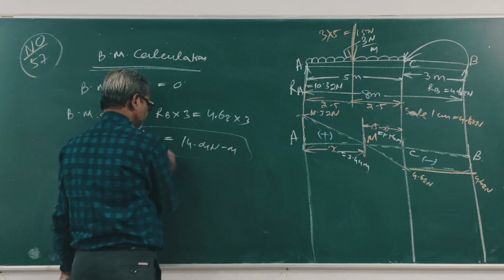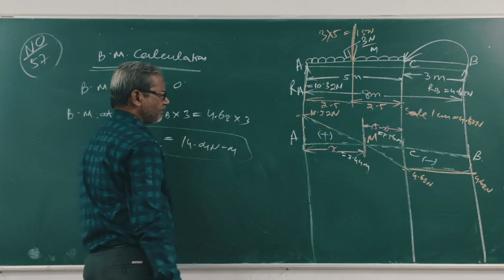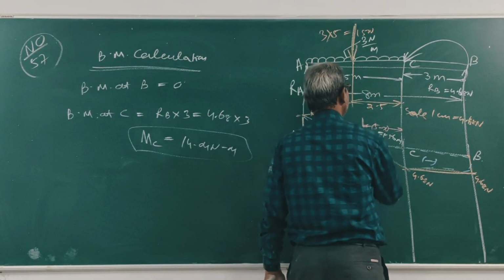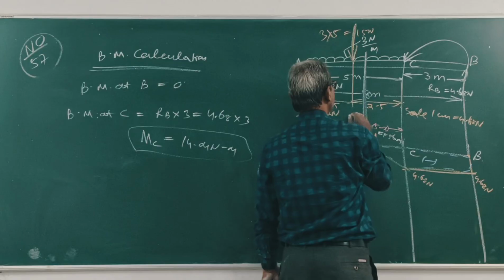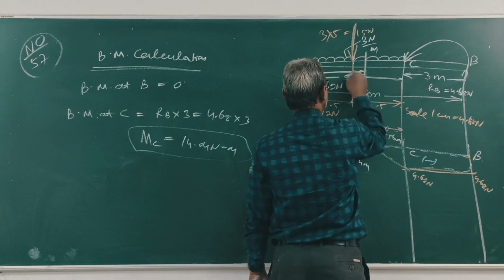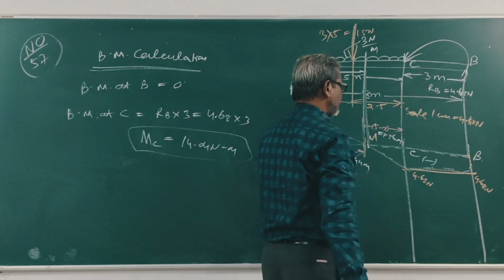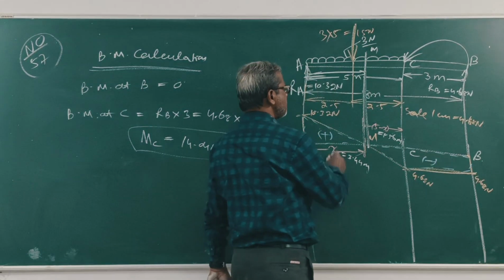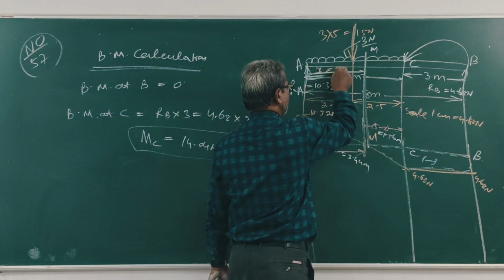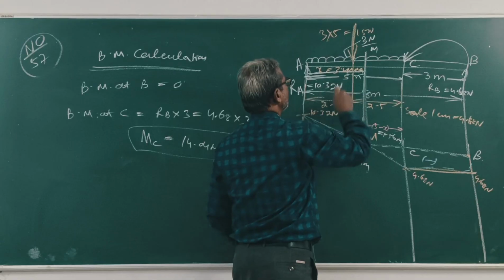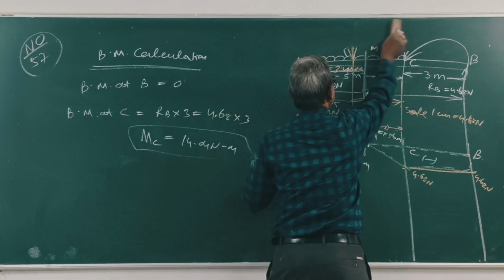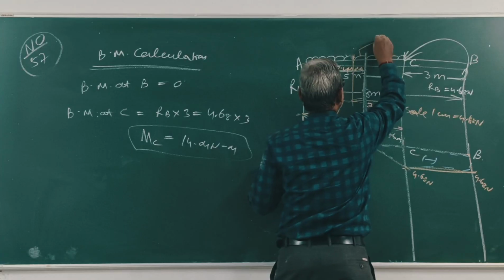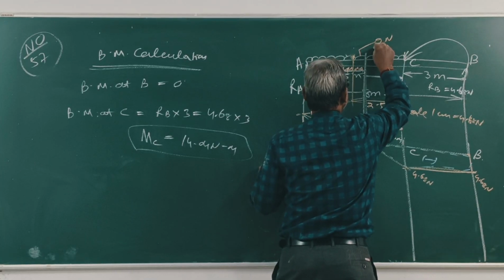MC at M. This point M. The distance is 3.44 meter. This is x, x is equal to 3.44 meter. Now this is 2 Newton per meter, 3 Newton per meter.